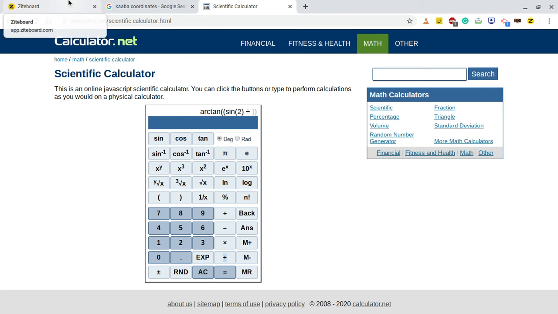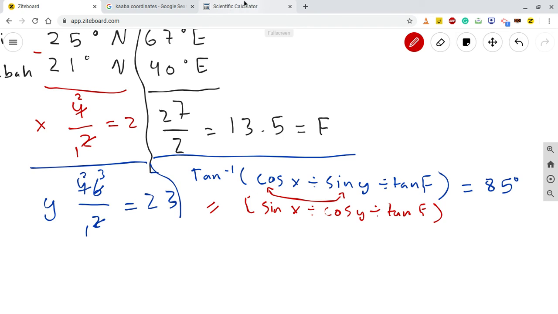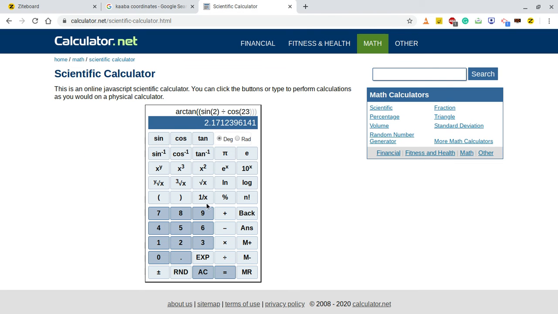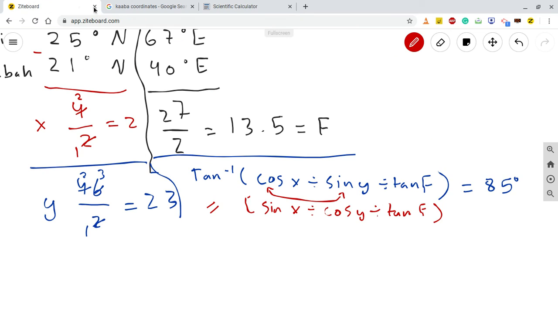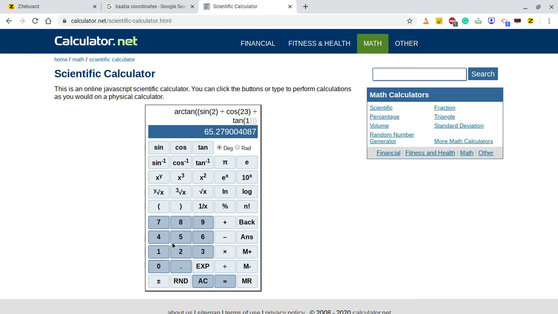First we did sine, so now we'll do cos, then cos and the value y, so it's 23, then brackets closed, and divided into regular tangent f, and then f is 13.5, and then close the brackets all the way, so it's approximately 9.